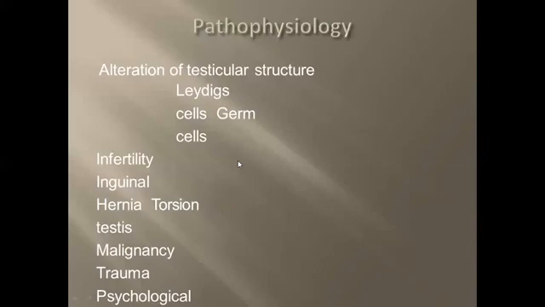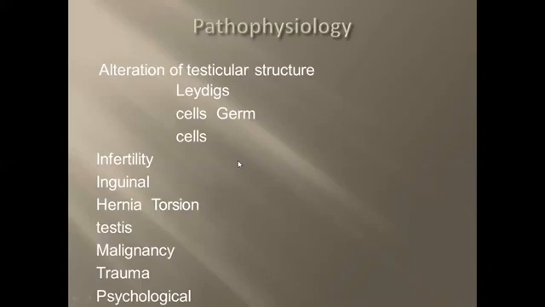Hormones are produced by Sertoli cells and Leydig cells, such as testosterone and estrogen, and germ cells produce sperms. So what happens if the testis is not in its proper location and is subjected to a hostile environment?